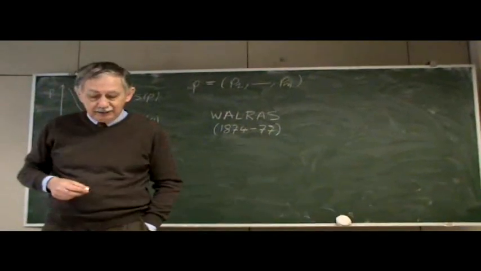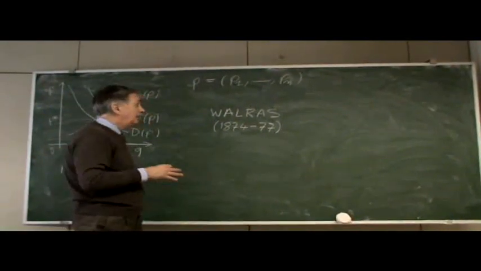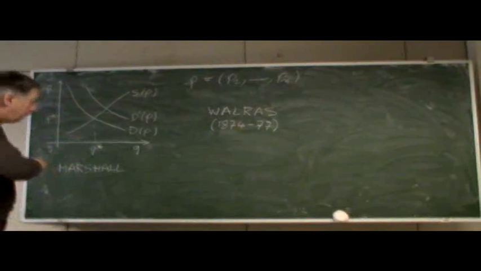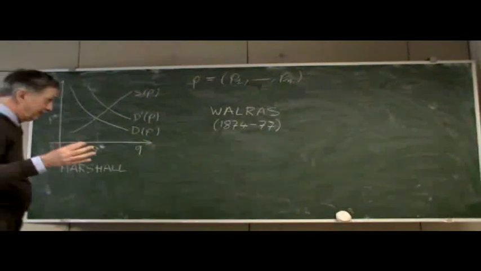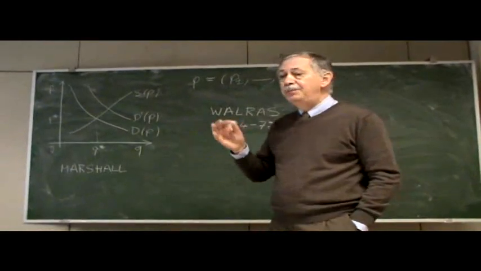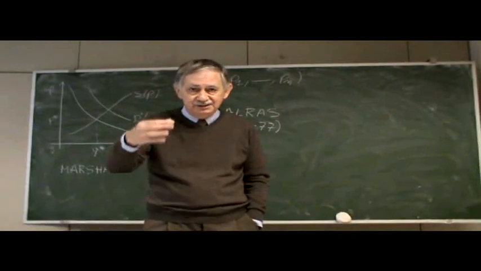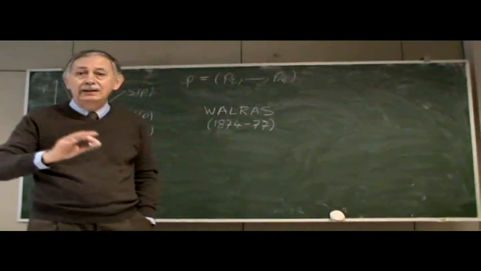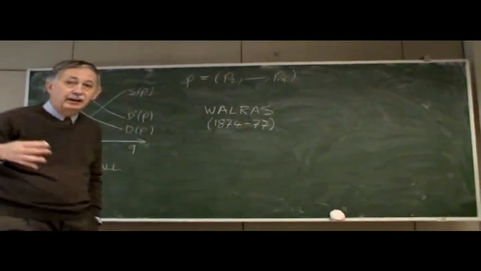If you read the work of Walras, you find that this author set the problem by writing a set of equations. Some of these equations describe the behavior of the households, of the firms, and so on, of individual subjects. Some others state the equality between demand and supply for every good. So, in other terms, general economic equilibrium.